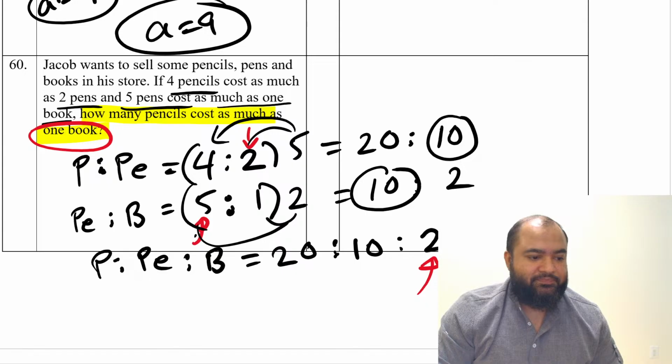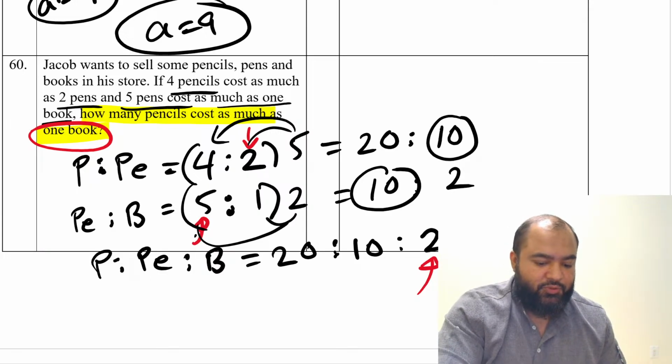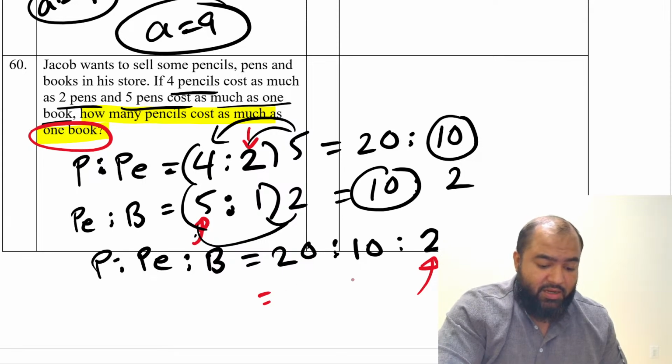Divide by 2. So dividing by 2 makes it 10 to 5 to 2.